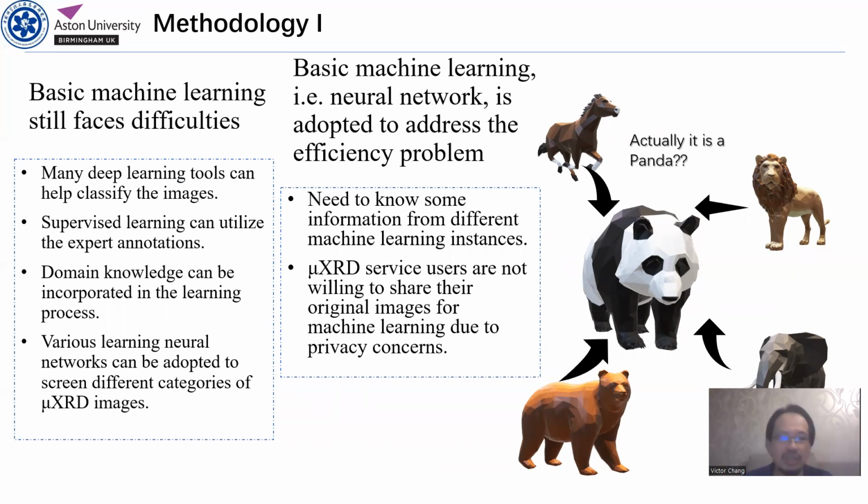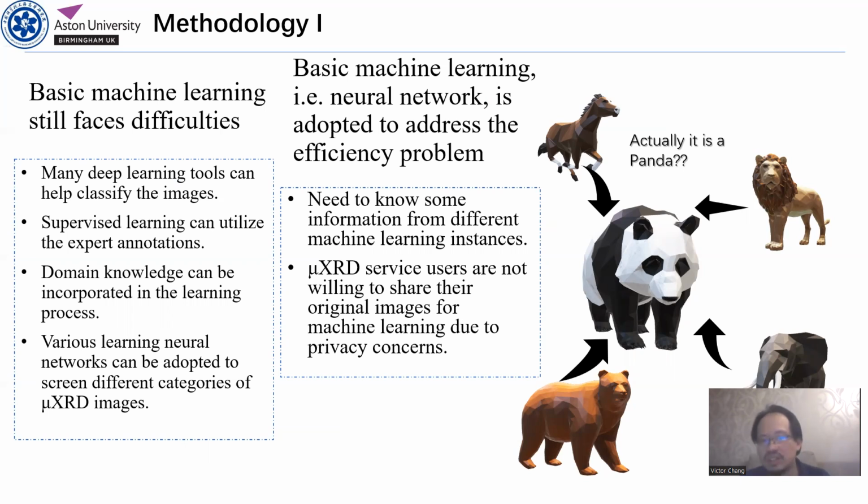Various machine learning methods or neural networks can be adopted to screen different categories of micro-XRD images. So basic machine learning with neural networks is adopted to address efficiency problems. Now we focus on efficiency, but we need to know some information from different machine learning instances.